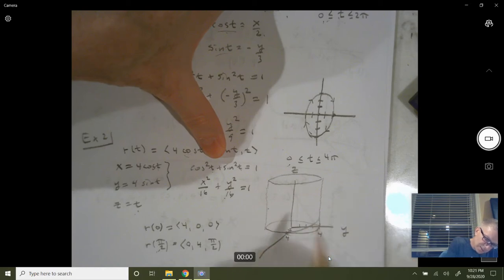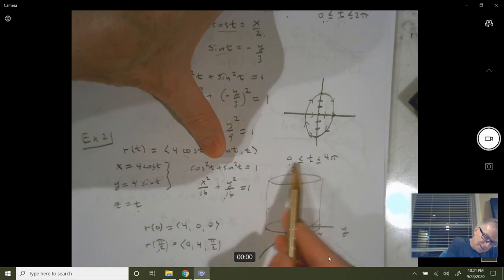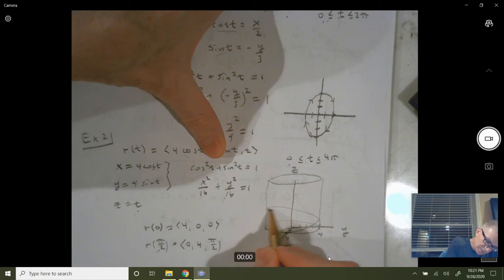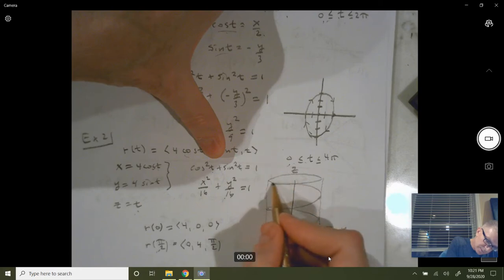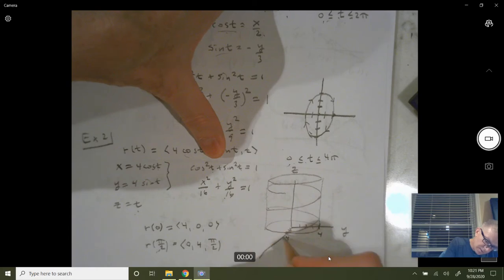Okay? And as you can see, it's going to continue doing that. And as t goes from 0 to 4 pi, we actually make 2 full revolutions, till we end up back basically right above here.